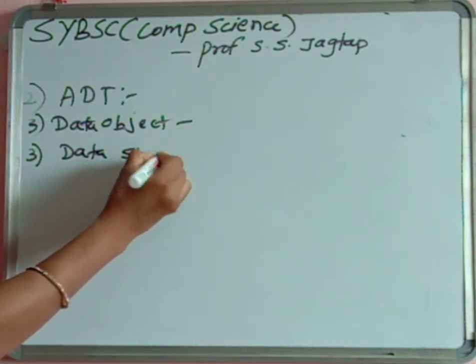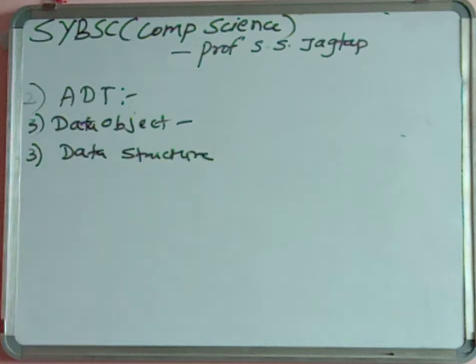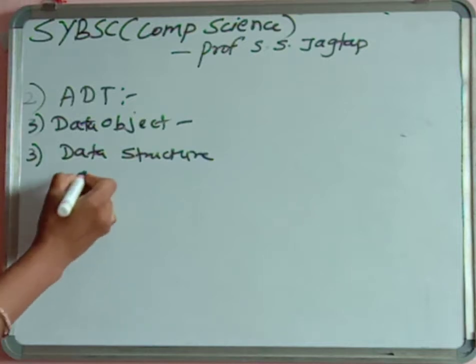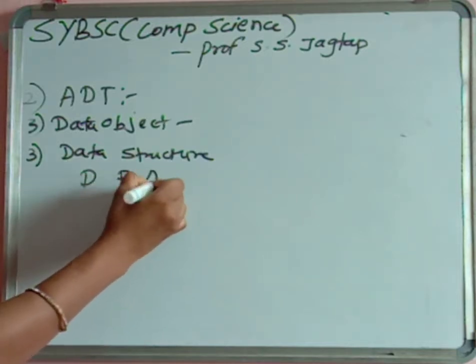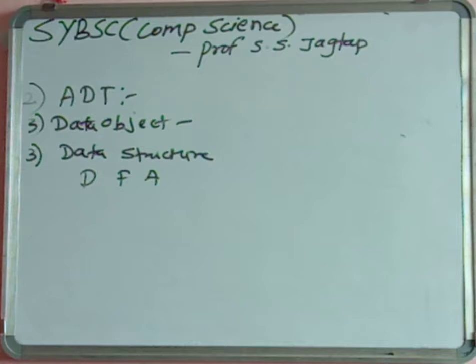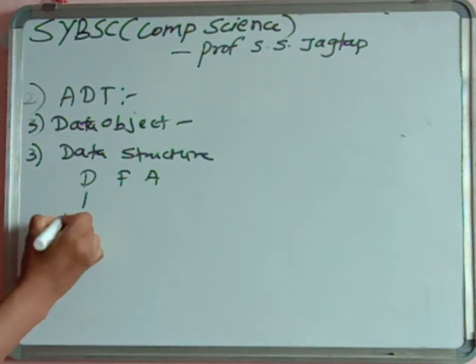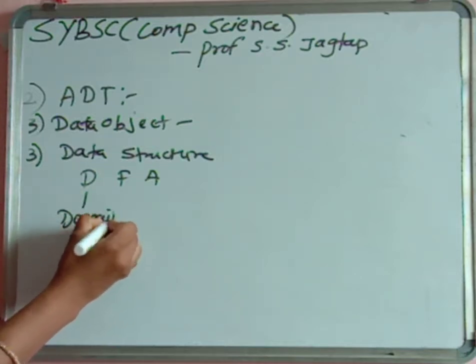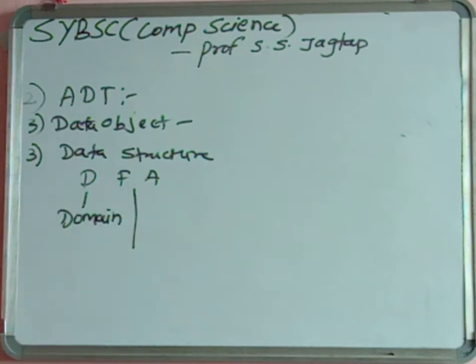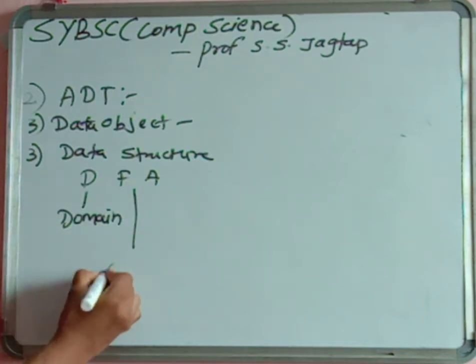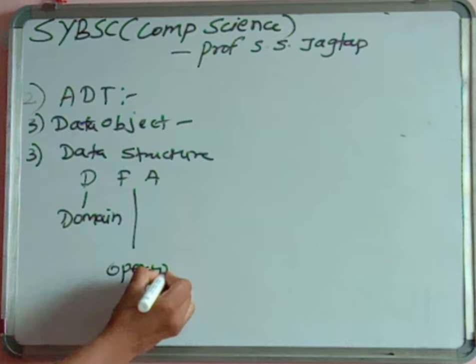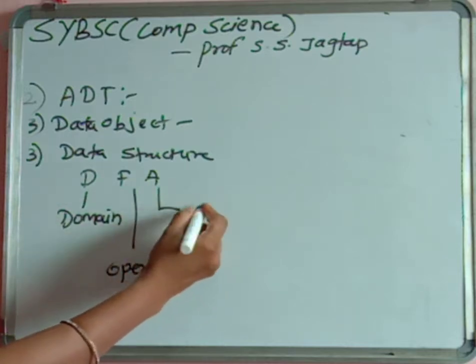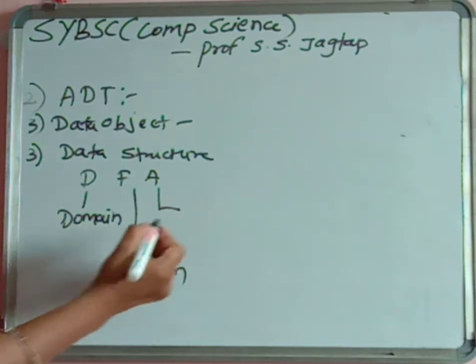Data structure definition totally depends on a triplet. That is, data structure is formally defined as the triplet DFA, in which D stands for a set of domain, whereas F denotes the set of operations or functions and A denotes a set of axioms.